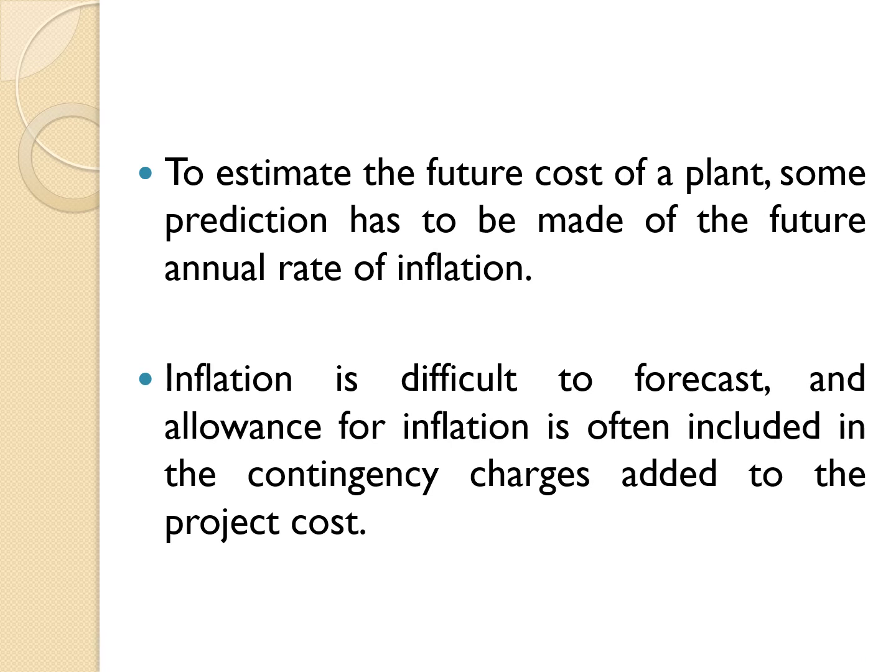To estimate the future cost of a plant, some prediction has to be made of the future annual rate of inflation. Inflation is difficult to forecast, and the allowances for inflation is often included in the contingency charges added to the project cost.